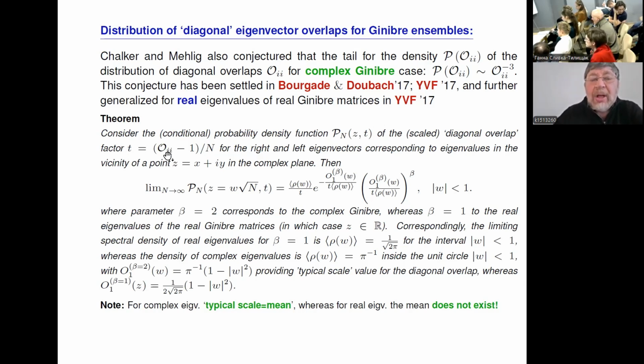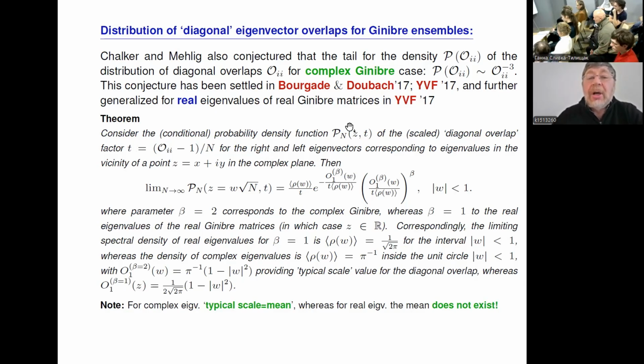We know that these diagonal entries are of order n, and also that for normal matrices they are 1. So let us consider this natural object, where we subtract 1 and divide by n. We may expect, and indeed it's the case, that this is a correct scaling variable in the large n limit. So this is basically a scaled, if you wish, diagonal overlap factor.